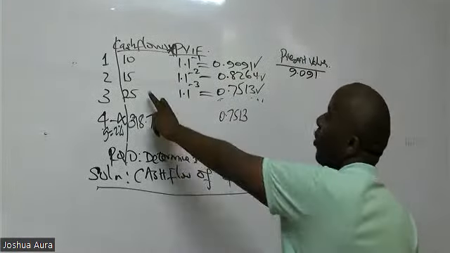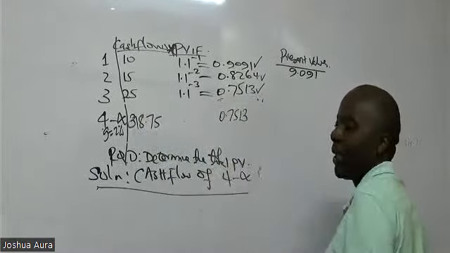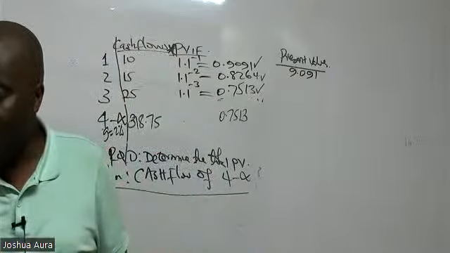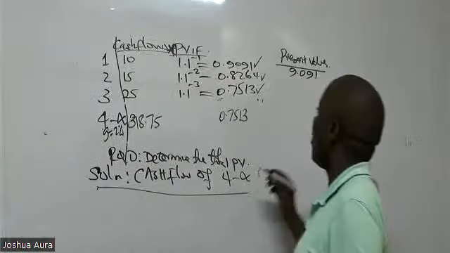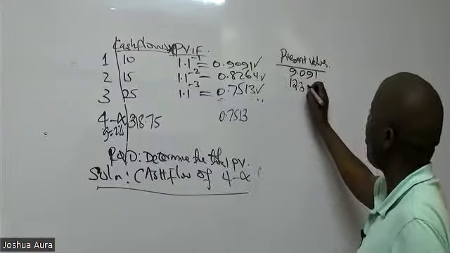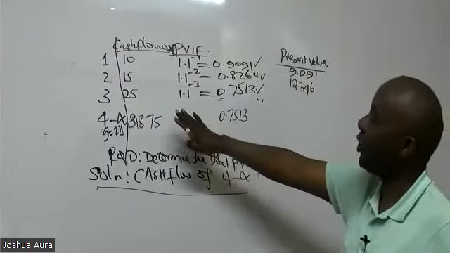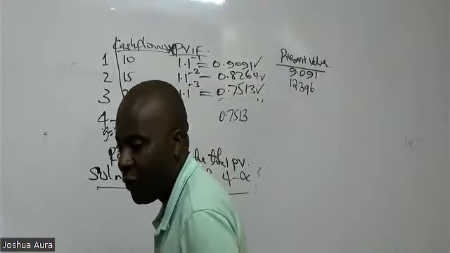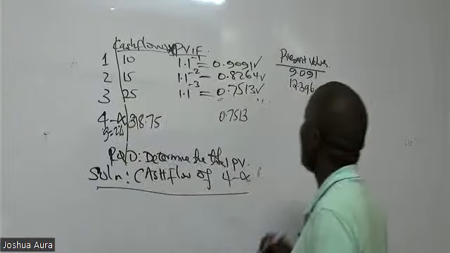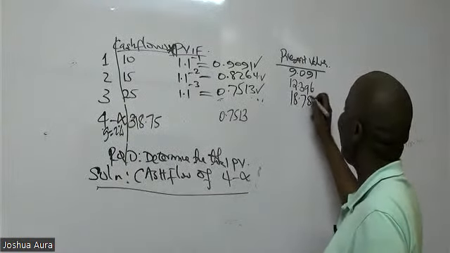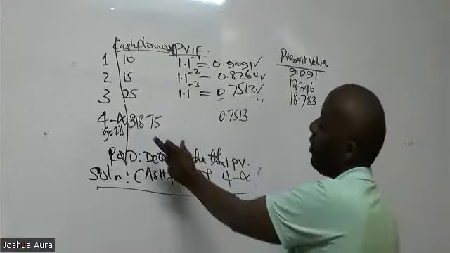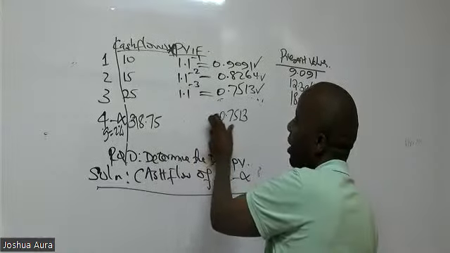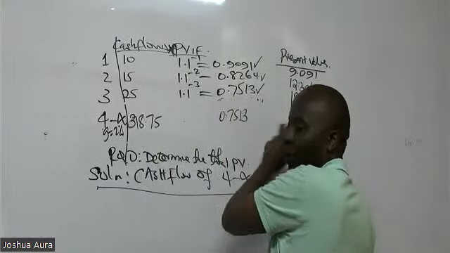And then the second one will be 15 times this, 12.396. And then we have year 3, which is 25 times this, 18.783. And then lastly, we have this 318.75 times this 0.7513. What figure are we getting there?